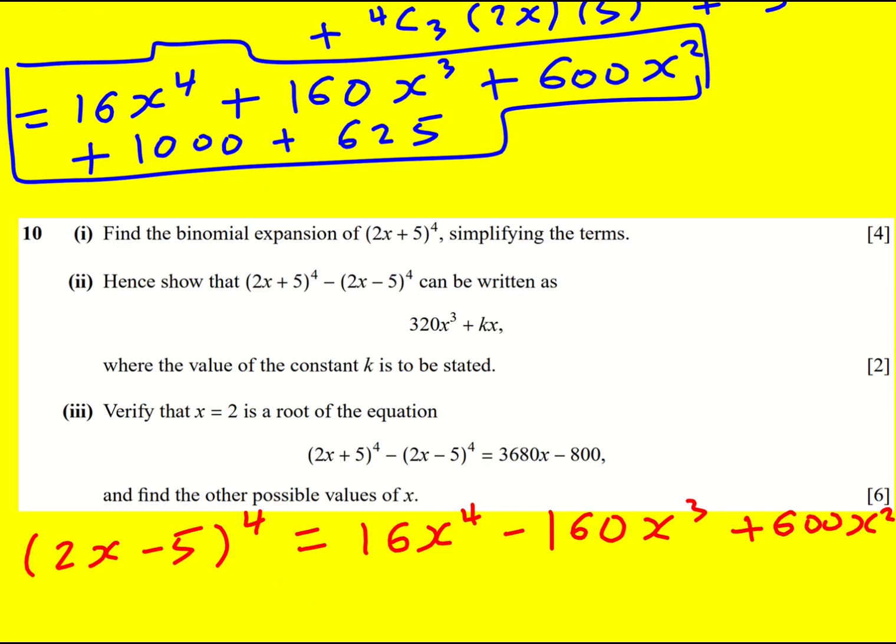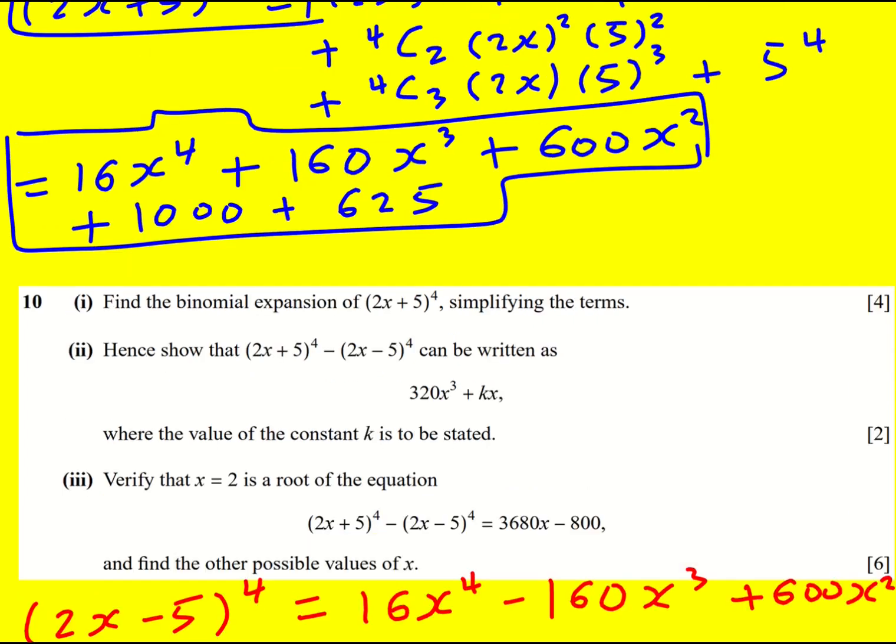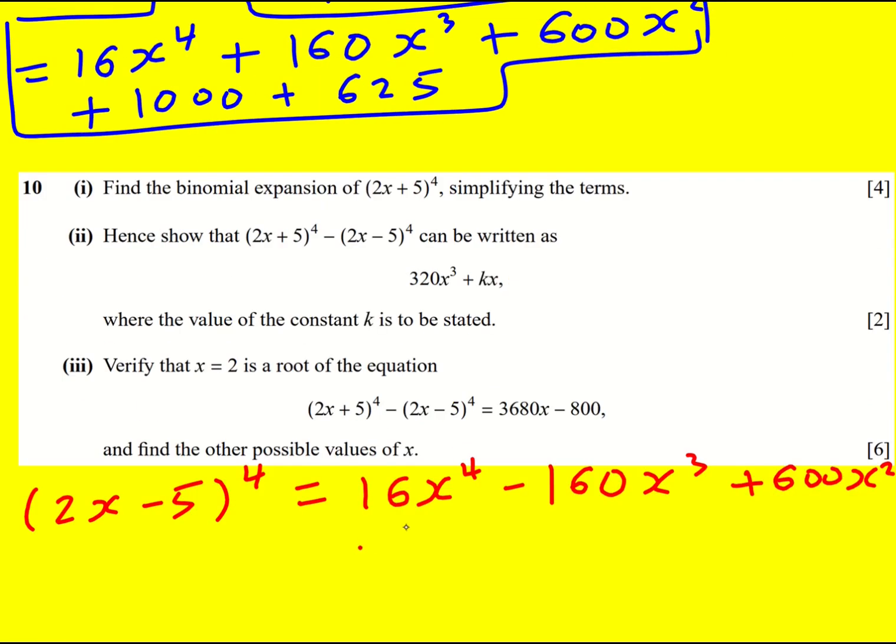So we can basically just use our answer to get this really quickly. Whereas here, we're going to get a negative, so it's going to be minus. I've just realized actually I missed the x out. Sorry, hopefully you spotted that. Minus 1000x here. And then minus 5 to the power 4 is going to be positive. It's going to be 625.